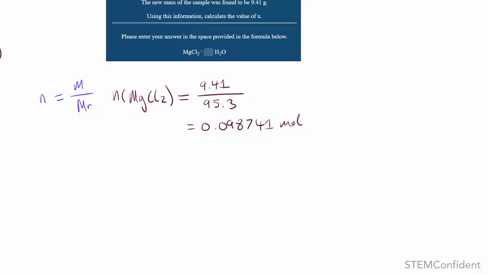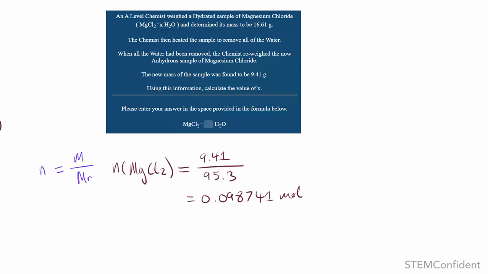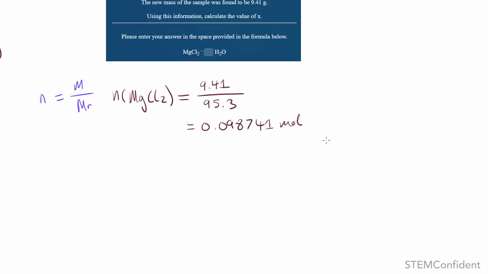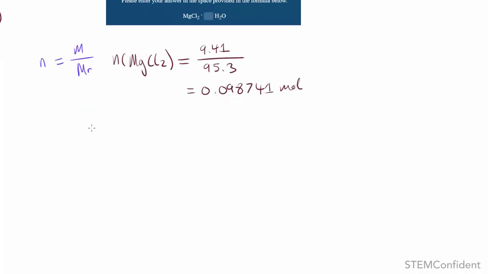We also need to do the H2O aspect, right? So the moles of the H2O. For the number of moles of the H2O, it's equal to what? Well, in order to work this out, we actually need the mass of the H2O, right? The mass is part of the equation.